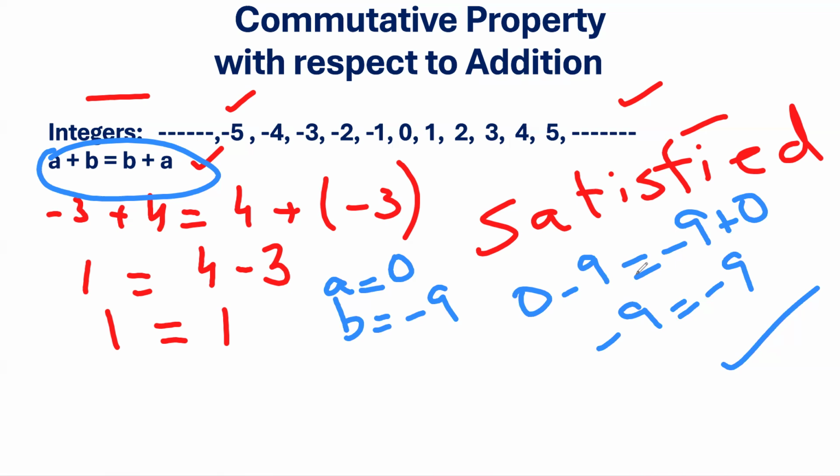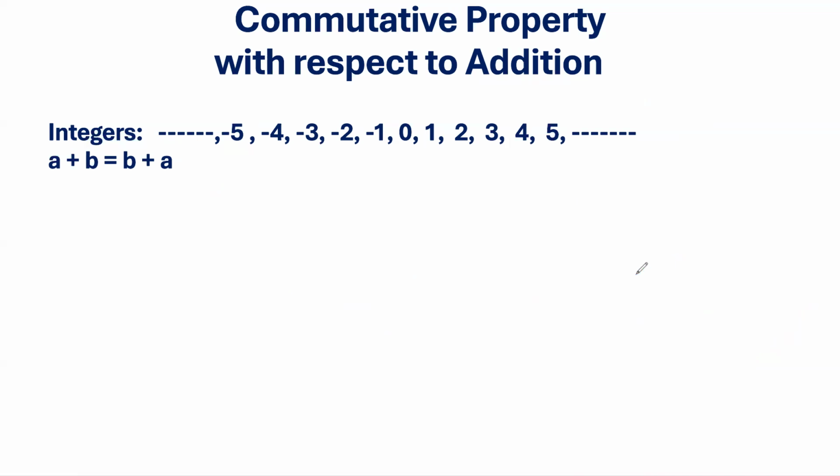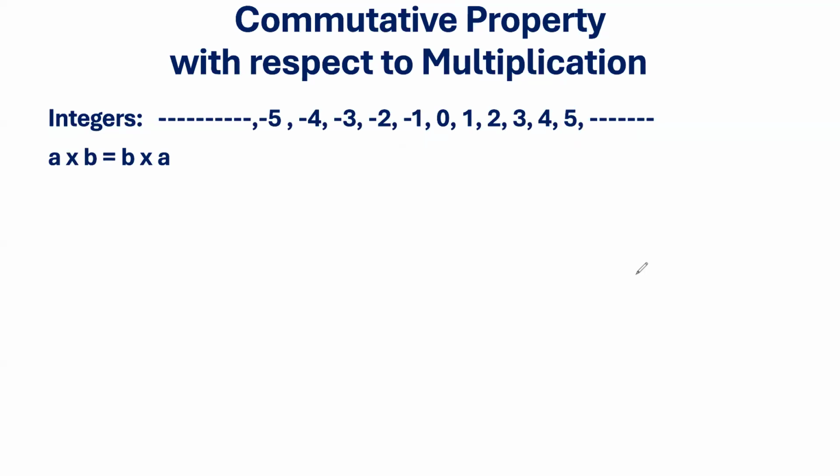Now we will move to another question. This is commutative property with respect to multiplication. Which set is there? Integers. These are integers.